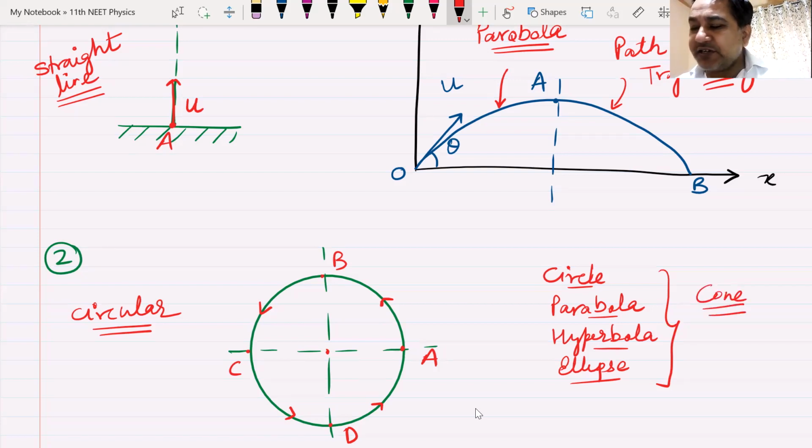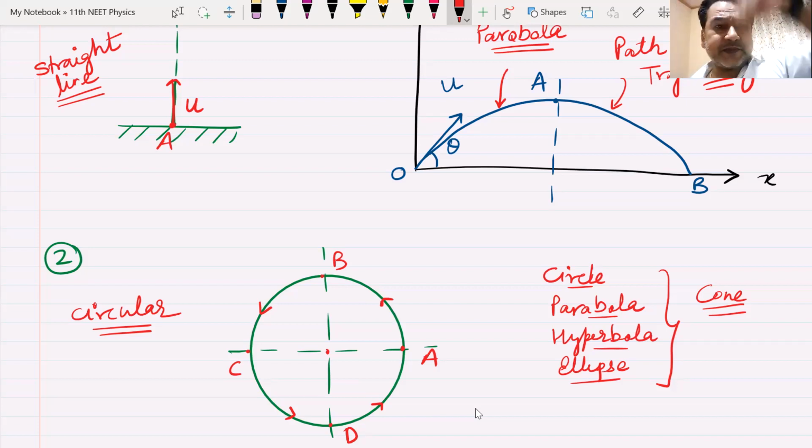These all can be generated from a cone. I hope you understand what a cone is. Everyone loves ice cream, right? Most of the kids or people, they have ice cream in a cone. So all of you must be aware of a cone. All these circle, parabola, ellipse, hyperbola are part of a cone. They can be made from a cone, cutting the cone at different angles. And therefore they are known as conic sections, sections of a cone.